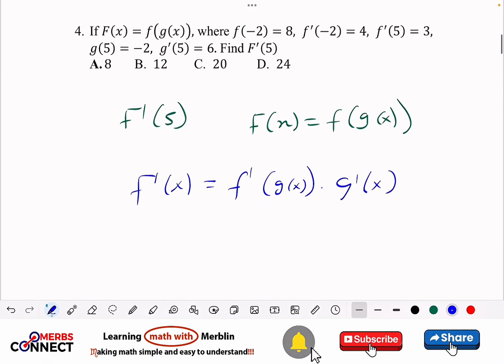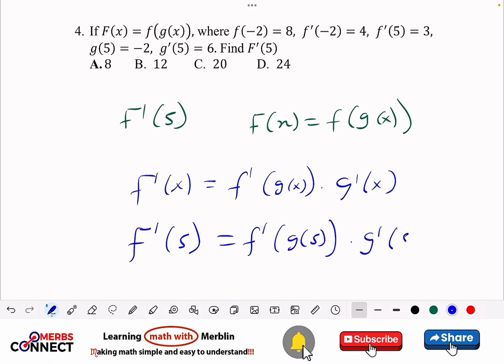Now let us plug in the 5. So we are going to have big F prime of 5, which is equal to f prime of g of 5 times g prime of 5. So now what is g prime of 5? That is 6, right? And then what is g of 5? That is minus 2.